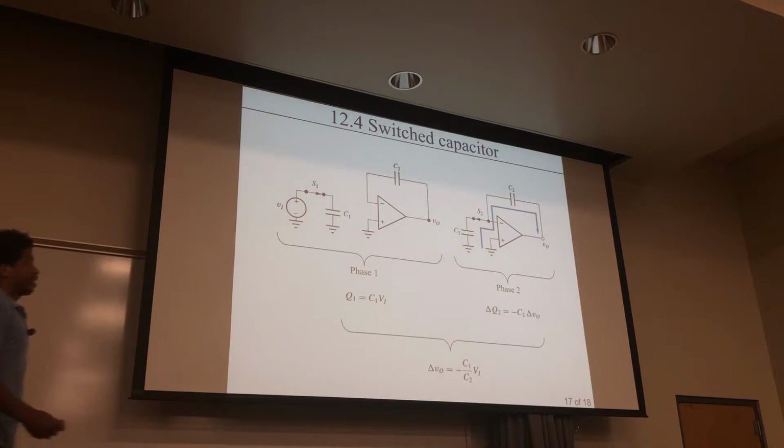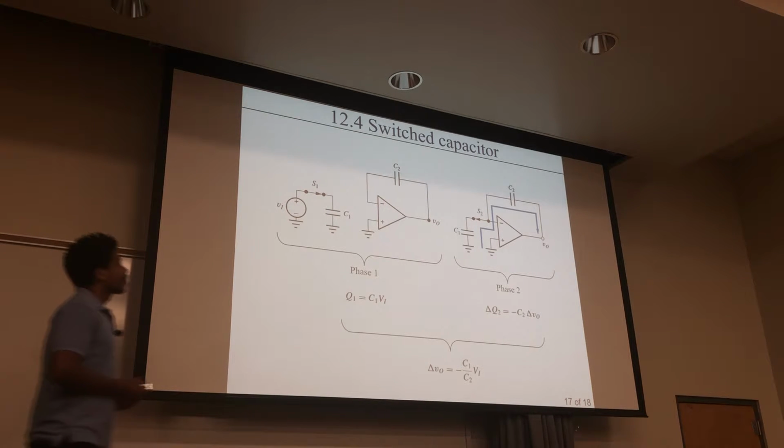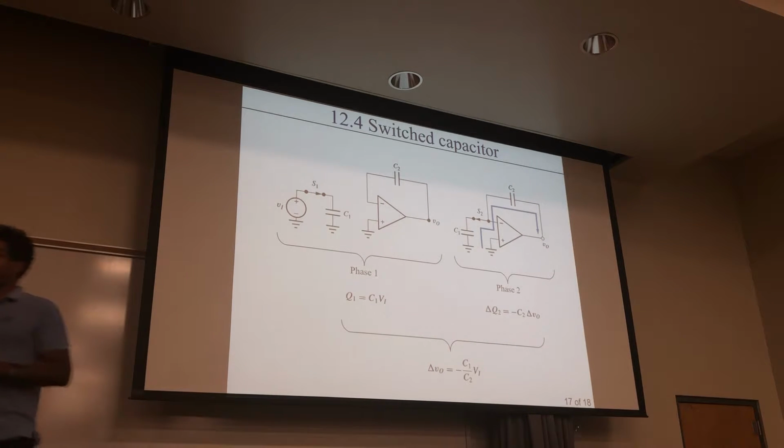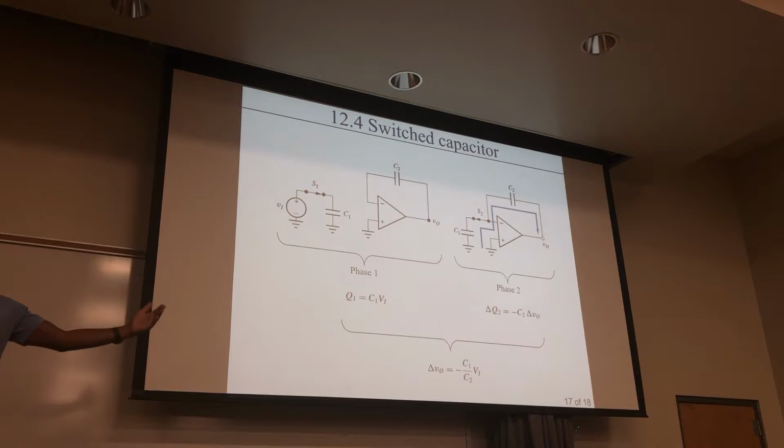Well, I guess one thing to think about is that as you're moving in time, you're having more current pass through this amplifier going out, and so it's sort of like accumulating in time.